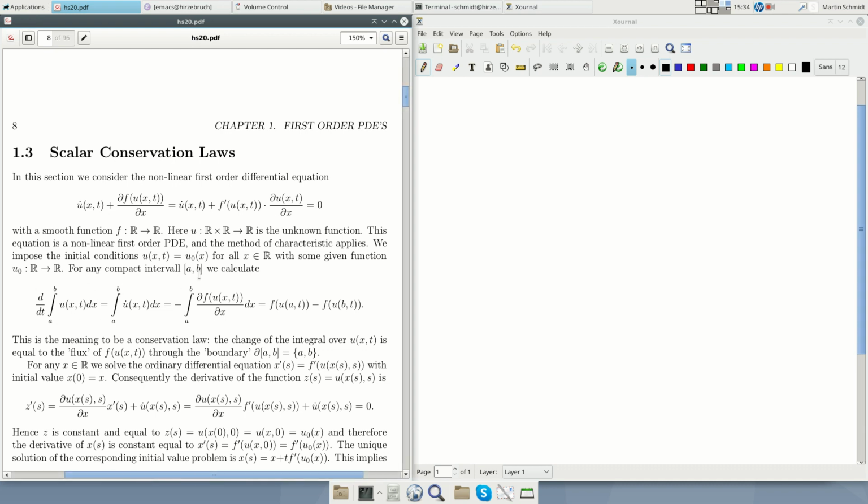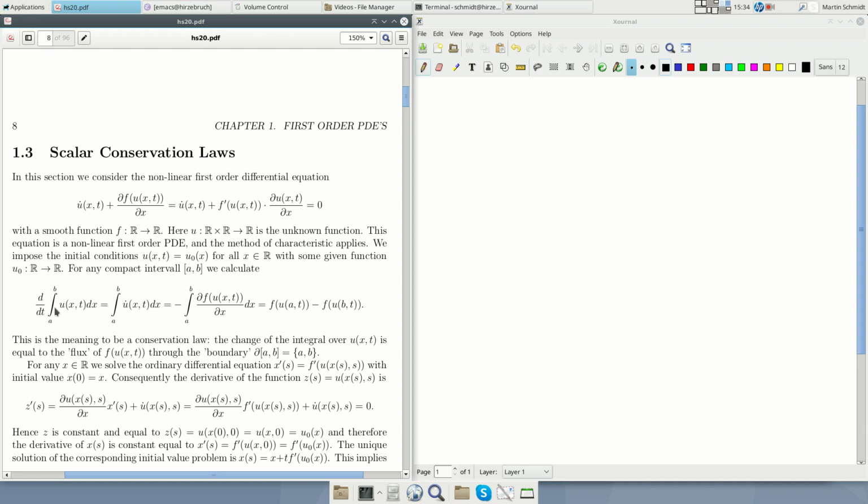The claim is that for any compact interval [a, b], the integral over x of the unknown function u is a preserved quantity, in the sense that we may calculate the time derivative of this integral as a difference of two values.